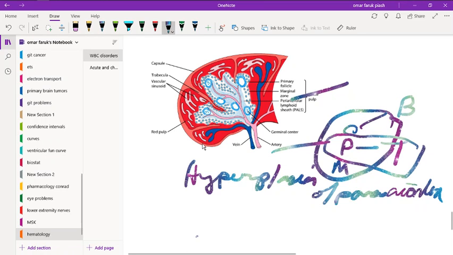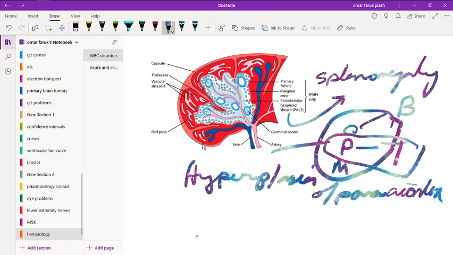Look there, in the white pulp there is pulp, and splenomegaly happens in the pulp due to T cell hyperplasia, and there is high WBC count with atypical lymphocytes in the blood.